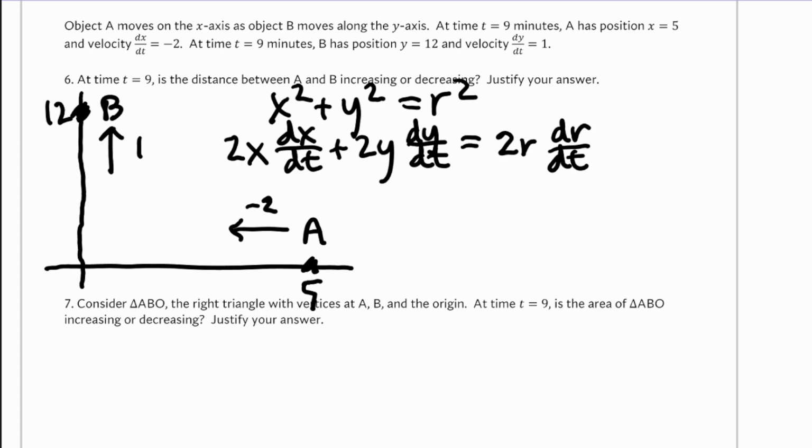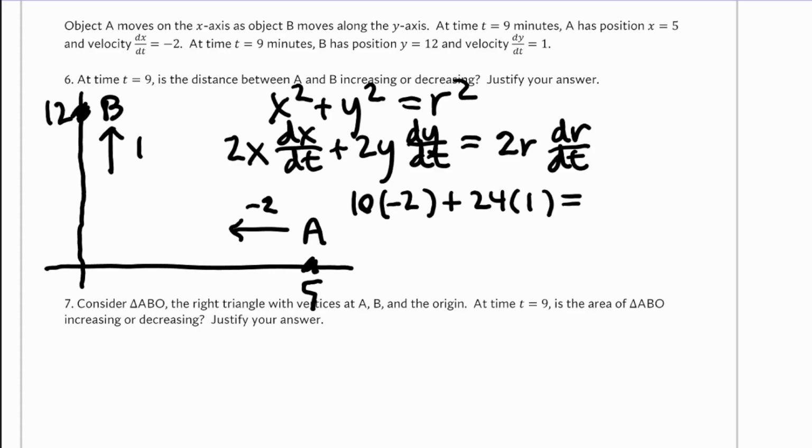Now I've got everything I need. I'm just going to plug in: 2x is going to be 10 times dx dt, which was -2, plus 2y would be 24, and dy dt was 1. That will be 2r.